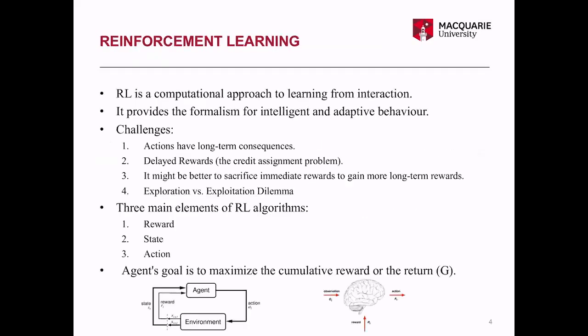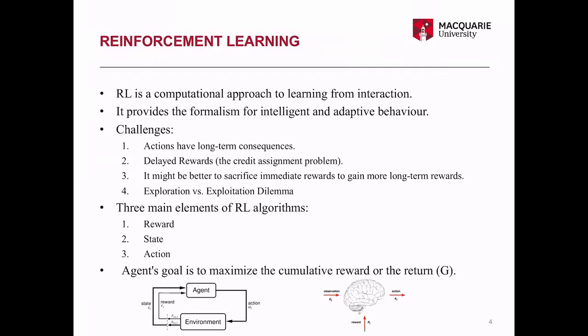You remember that reinforcement learning was considered a computational approach to learning from interaction, and it provides the formalism for intelligent and adaptive behavior. There were challenges along the way whenever you have these interactive learning paradigms. Actions have long-term consequences.